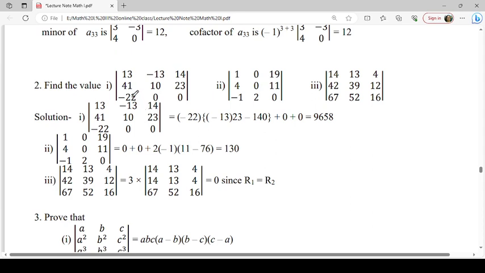So this is a31 plus a32 plus a33. Here a32 is 0, a33 is 0, so we only need a31, which is minus 22, and the cofactor A31 is minus 13 into 23 minus 10 into 14.